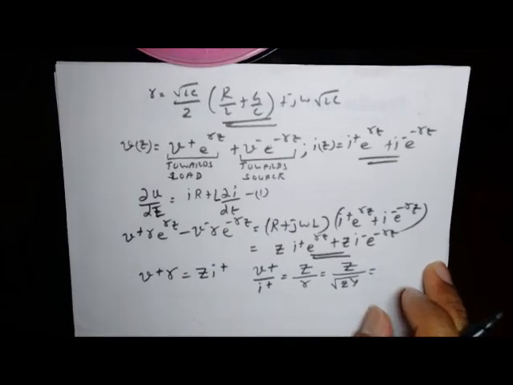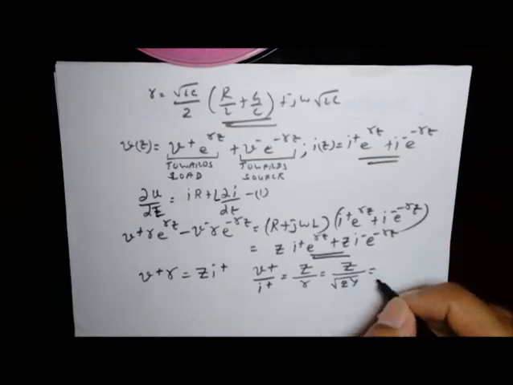We discussed it a short while ago. So Z and this root Z get cancelled and you get this.